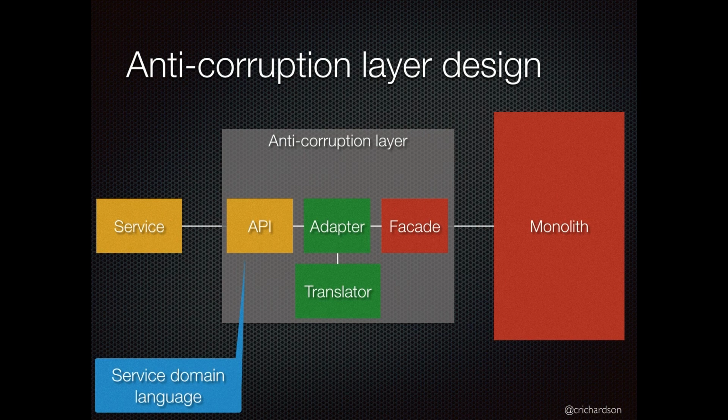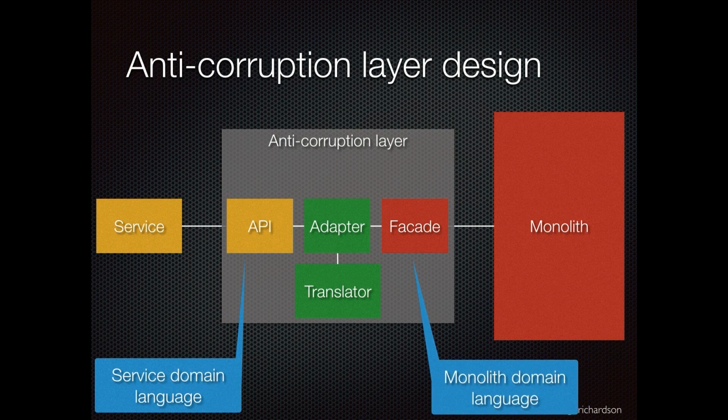So it's a pristine API into the corruption layer. And then on the other end of the anti-corruption layer is a facade, which basically wraps monolithic application functionality, and it's written in terms of the language of the monolith, so the legacy domain model concepts.